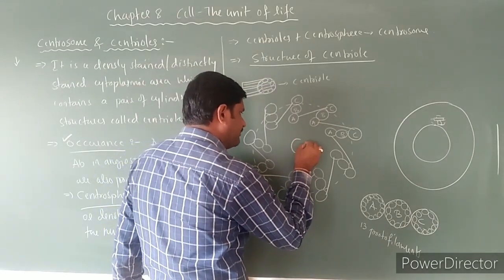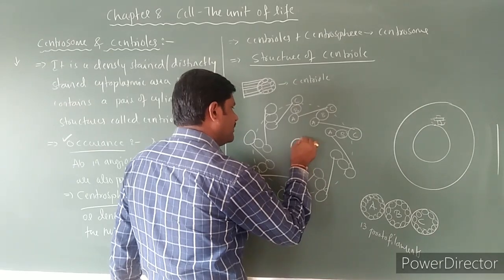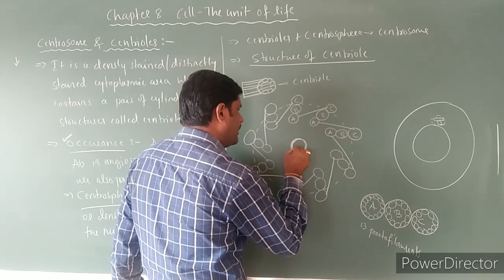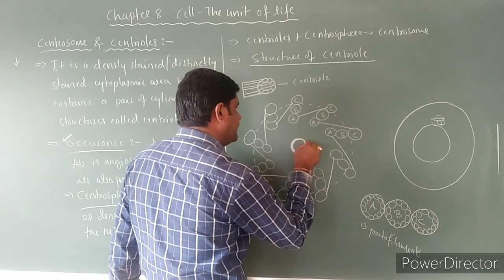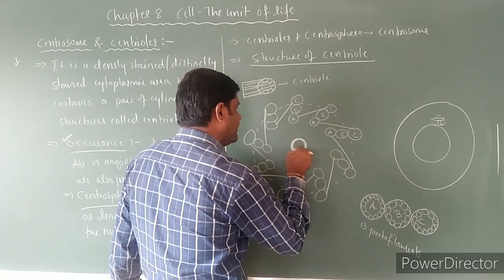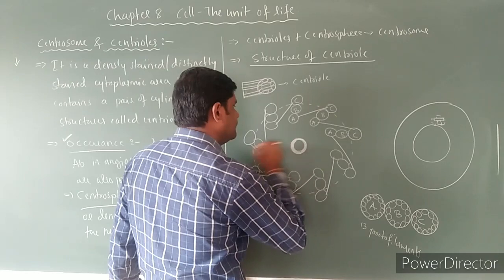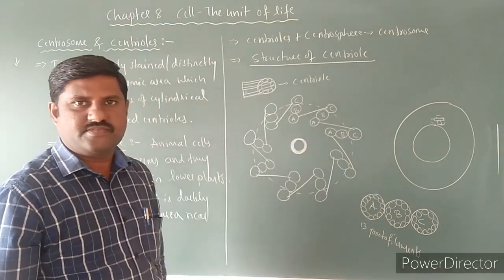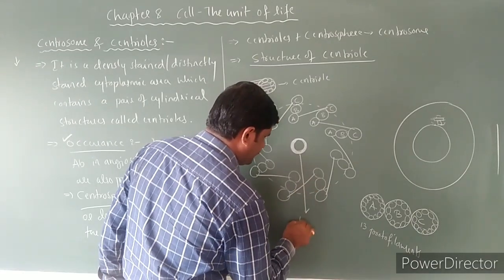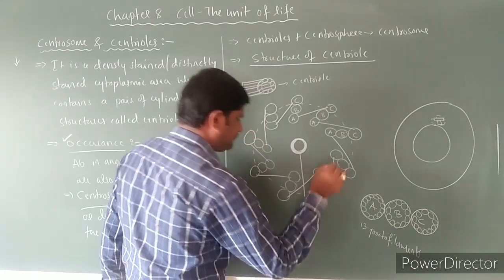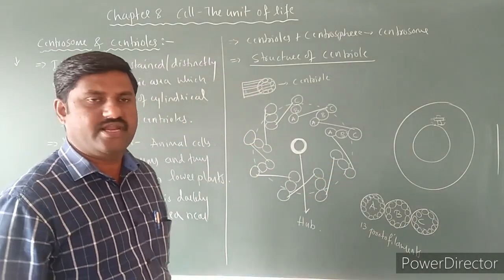And all these peripheral triplets are interconnected with the centrally located proteinaceous structure, and that centrally located proteinaceous structure is called as hub.